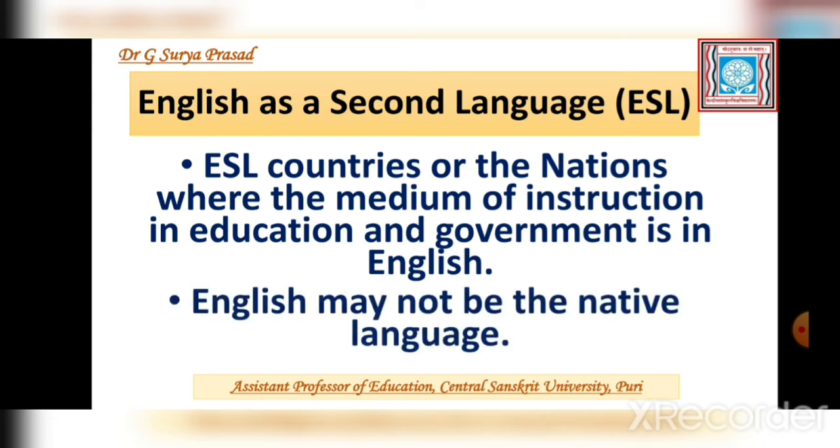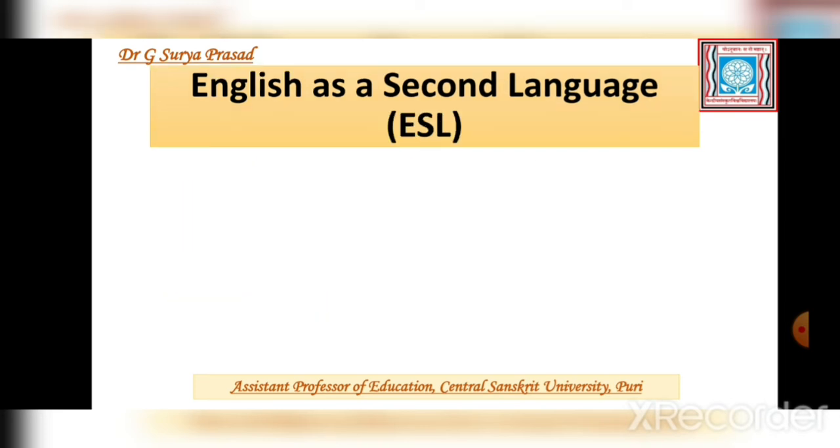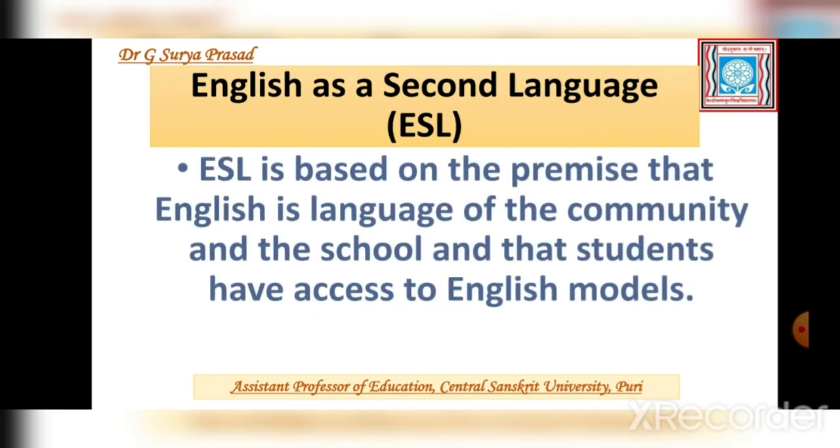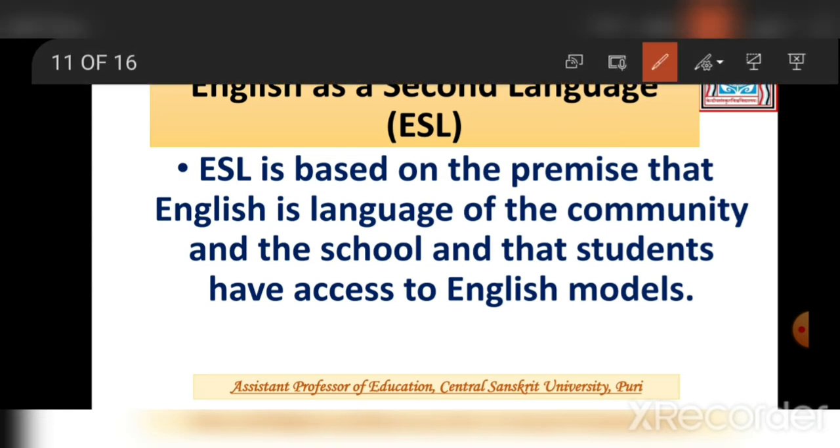But English is not the native language. ESL is based on the premise that English is the language of the community and the school, and the students have access to English models.